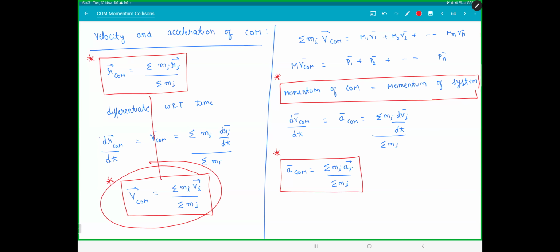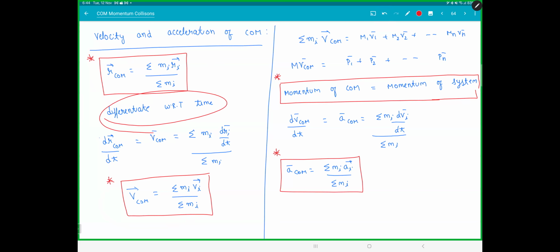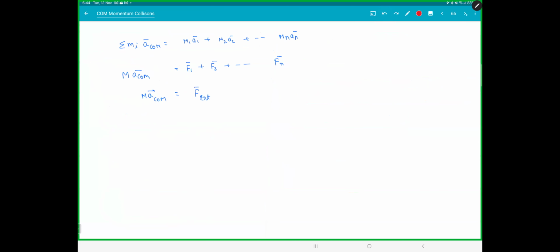If you integrate again, I'll get position of center of mass. The center of mass is actually derived from Newton's second law. You take the F equals ma equation, differentiate it, and integrate it two times. I differentiated right here, so if you integrate two times, I'll get it back. So center of mass is not some weird concept that just came out of nowhere. It was actually proved from Newton's second law, F equals ma.